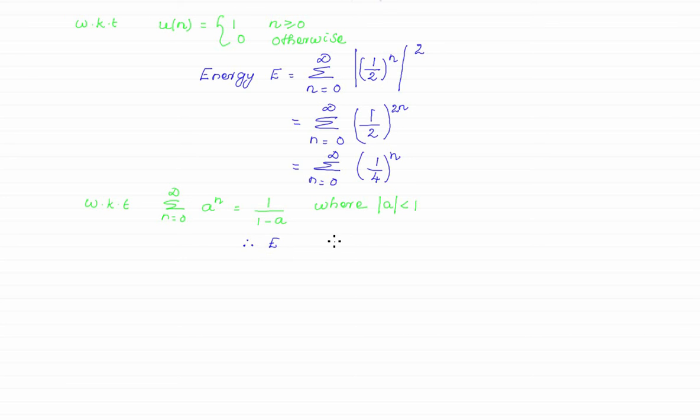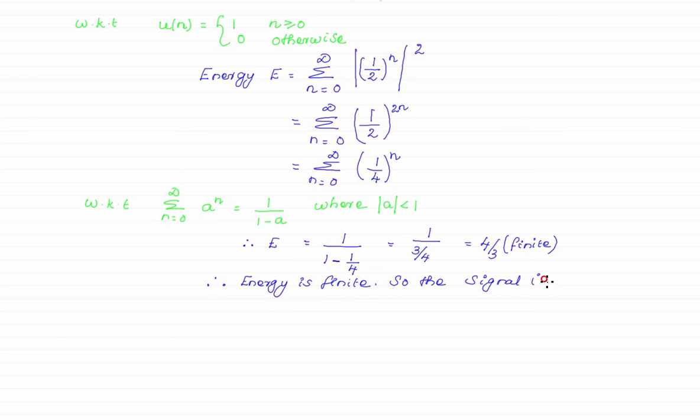Using this series expansion, summation n equal to 0 to infinity 1 by 4 power n is equal to 1 by (1 minus 1 by 4), which is equal to 1 by 3 by 4. Again it is equal to 4 by 3, which is a finite value. Here the energy is finite, so we can call this discrete time signal x of n an energy signal.